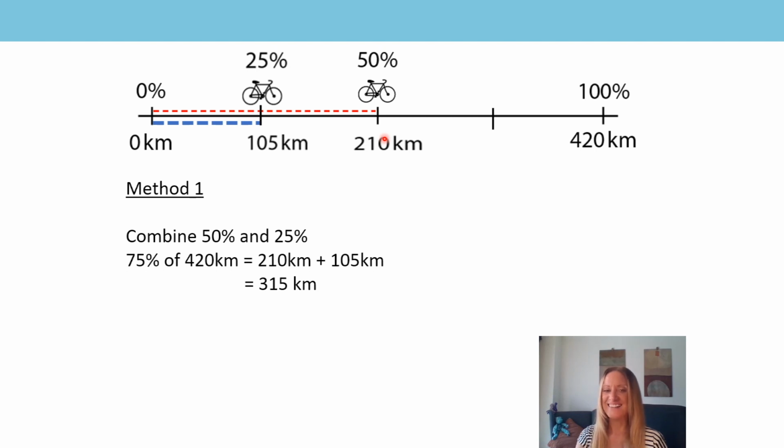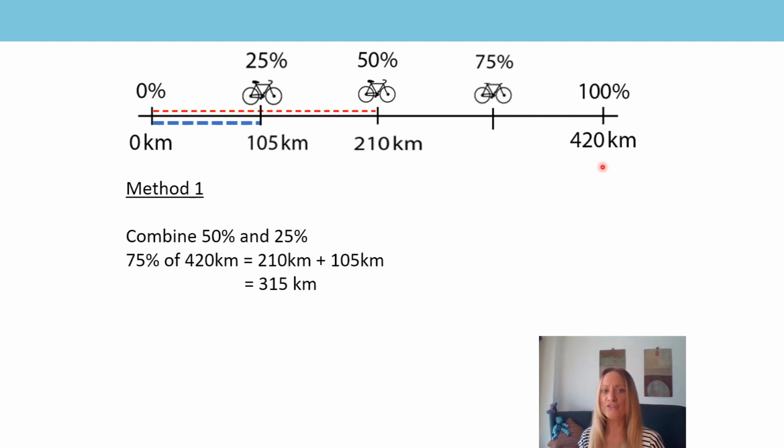Where is it? 75% is 75 hundredths. Fantastic. And 75 hundredths is the same as 3/4. Brilliant. So we know we've got 1/4, 2/4, 3/4 and 4/4 makes our whole 100% of the journey.